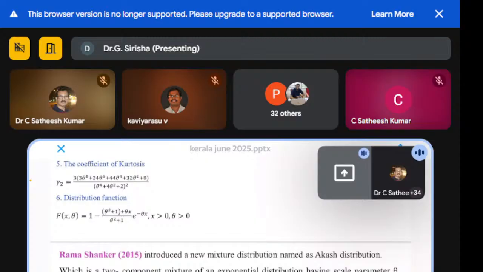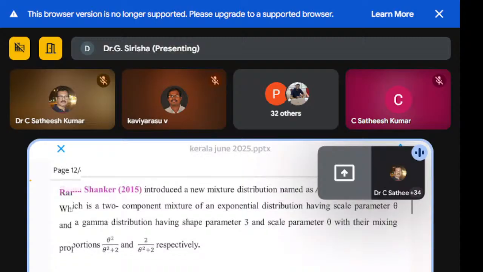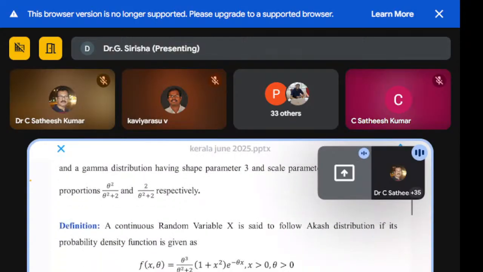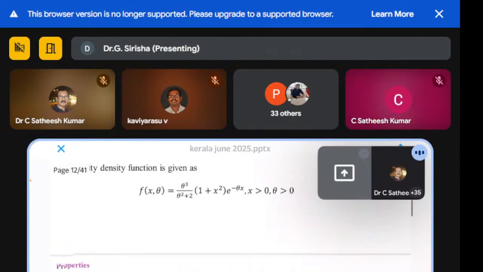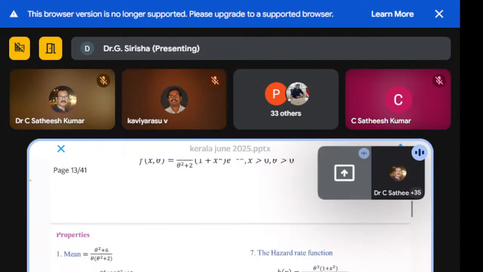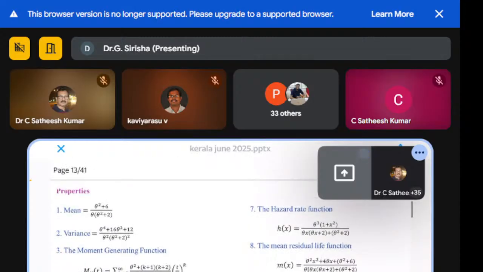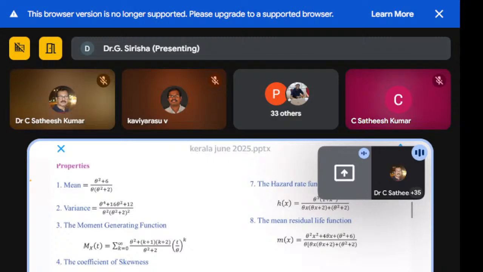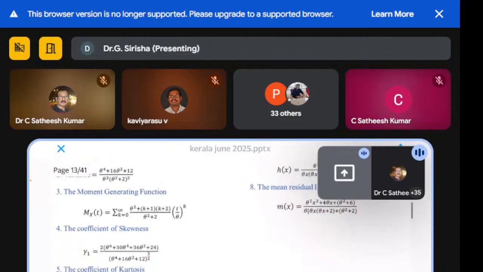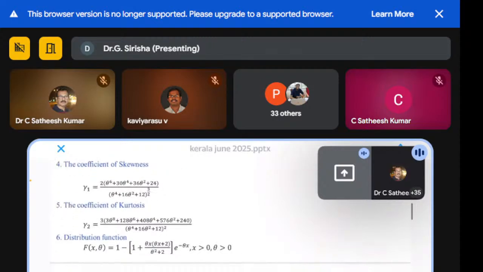Mixing weights were theta square by theta square plus 2 and 2 by theta square plus 2. The density they have obtained in this form, with the corresponding properties: mean, variance, skewness, kurtosis, mean residual lifetime, distribution function, all these they have obtained.